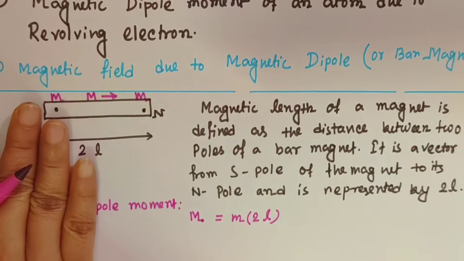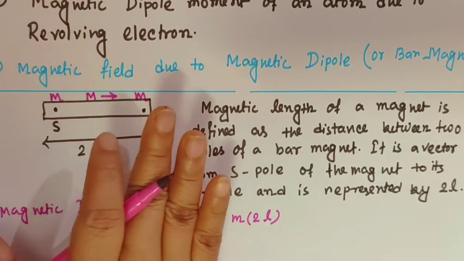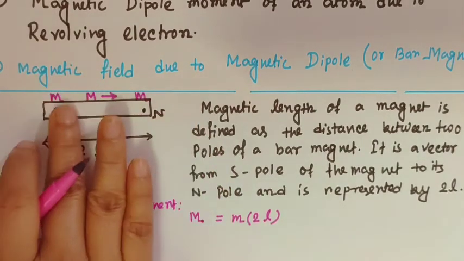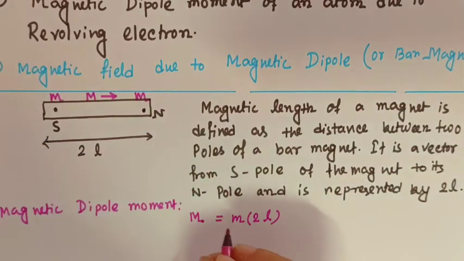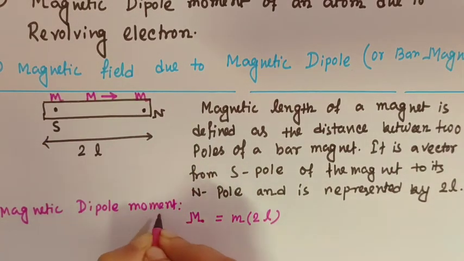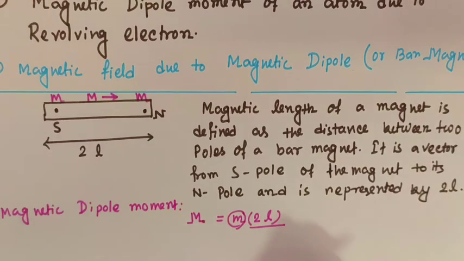For the south pole and north pole, the magnetic strength is m and the distance between them is 2L. So capital M, that means magnetic dipole moment, is the multiplication of strength and the distance, m into 2L.